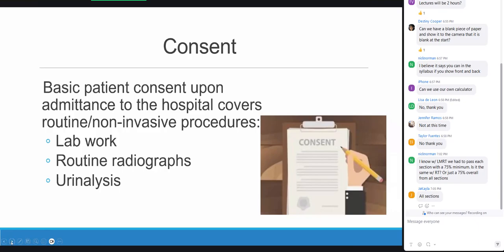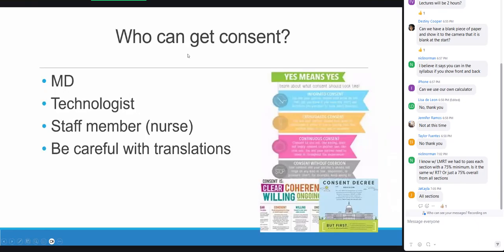No need for informed consent. So for this type of consent, the doctor, x-ray technologists, staff members, translations need to be, any type of consent at all needs to be done in the patient's first language.